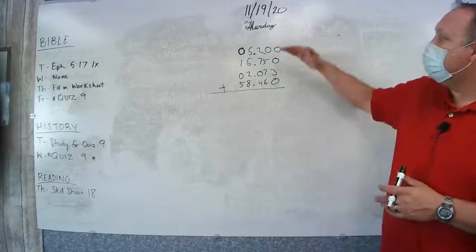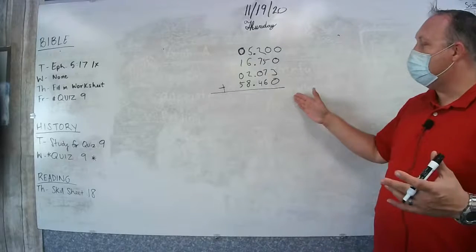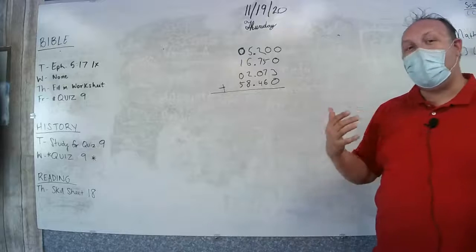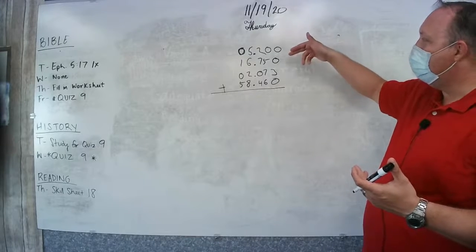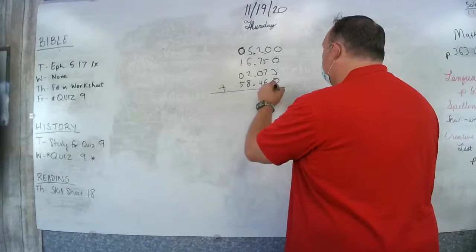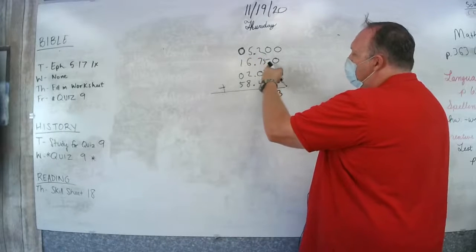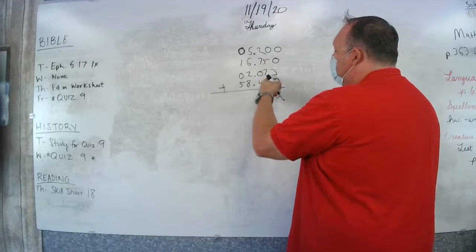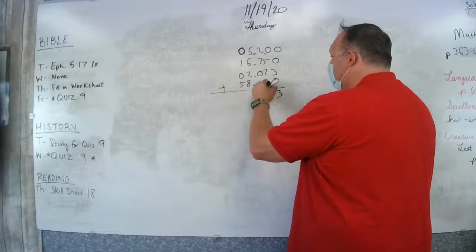So now once we add our zeros in, we make sure everything has the same number of decimal spaces. Now we can add everything up. I'm going to say 0 plus 0 plus 3 plus 0 is 3. Then 0 plus 5 plus 7 plus 6 is 18. Carry my 1.